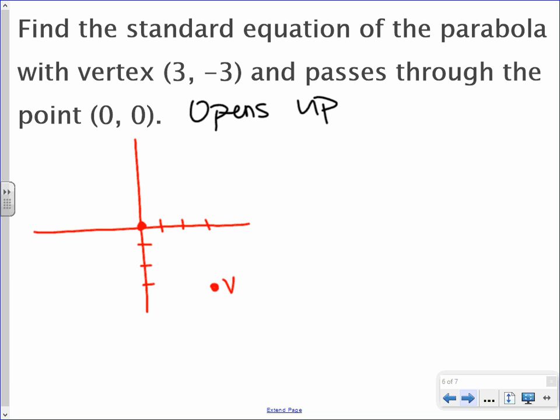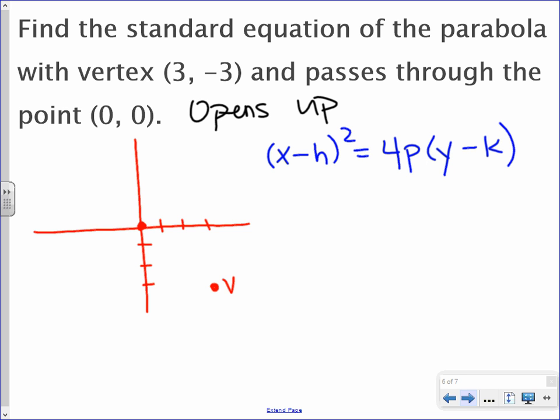Now talk about, again, now we have enough information. How are we going to do it? Okay, we know the vertex, correct?